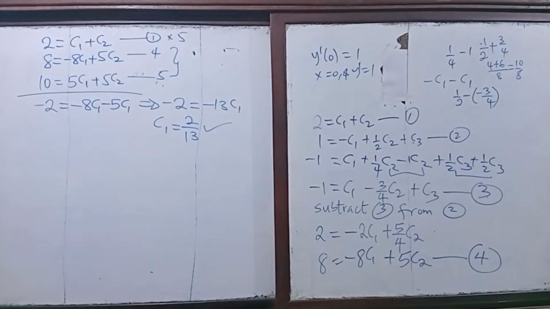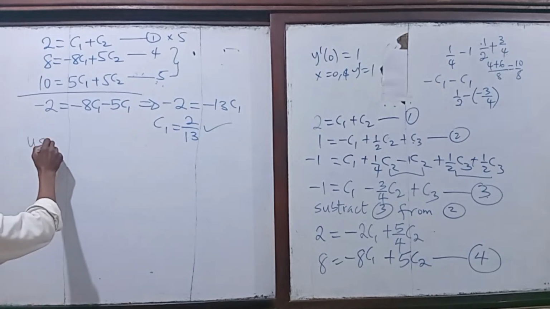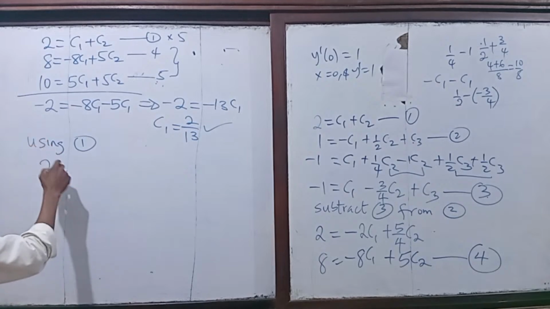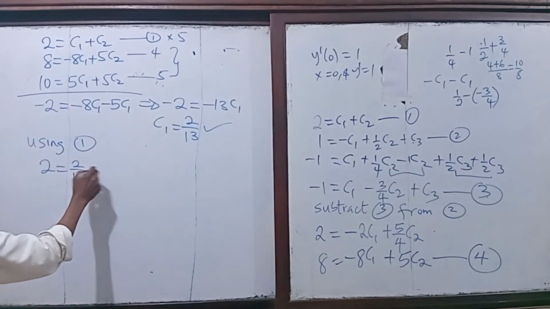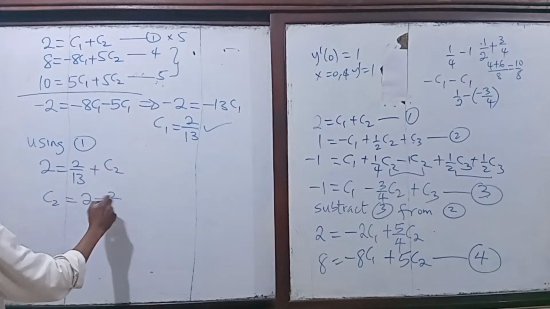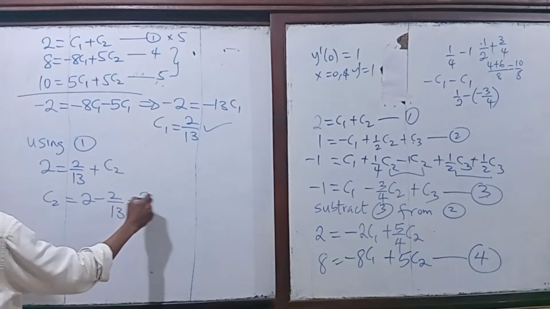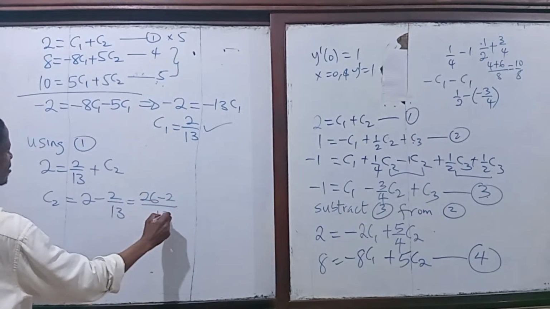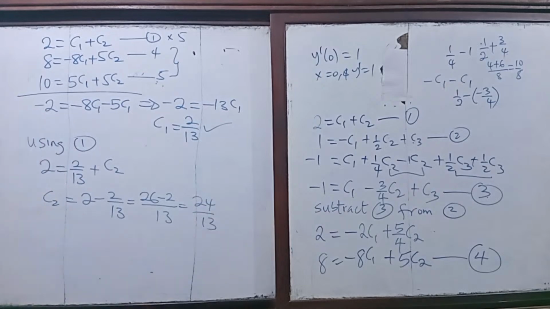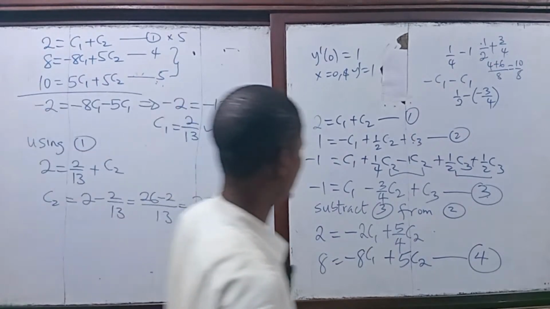So using equation 1, we have 2 equal to my C1, 2 over 13, plus C2. So C2 is equal to 2 minus 2 over 13, which is 26 minus 2 over 13, and that's 24 over 13. That's the C2.